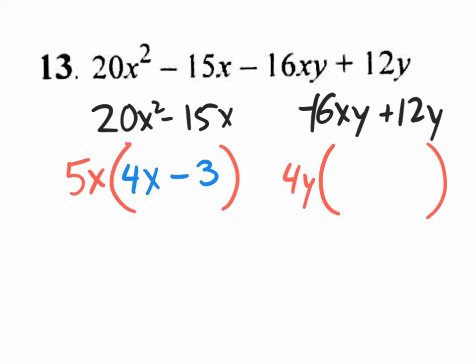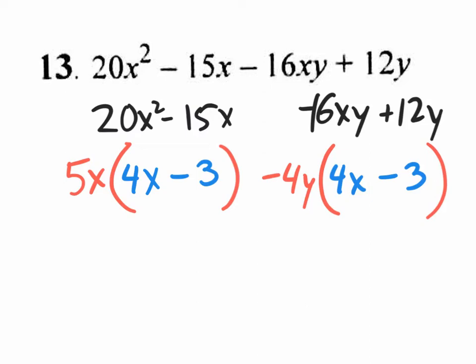So that's why it's better to simply pull out that negative right from the start, so you could get that common binomial here and here. Okay, so we pull out a negative 4y. On the inside, we'll end up with a positive 4x. And then negative 4y times what gets us a positive 12y. That'll be a negative 3. And as you could see, it really is the same exact binomial in blue right there, 4x minus 3.